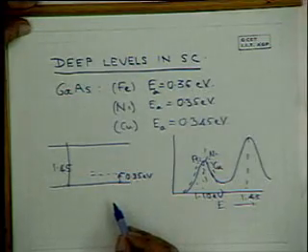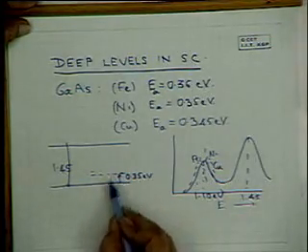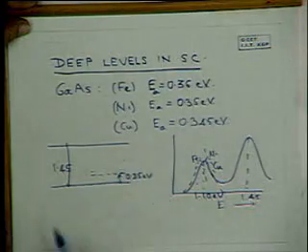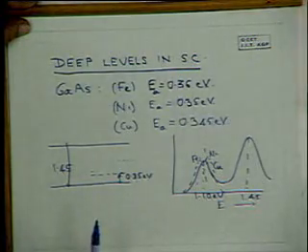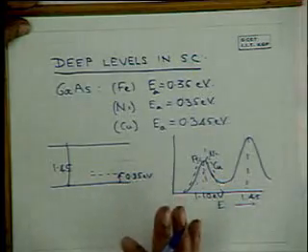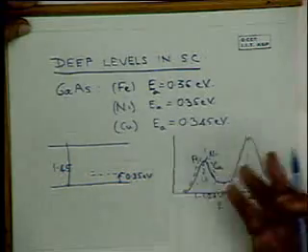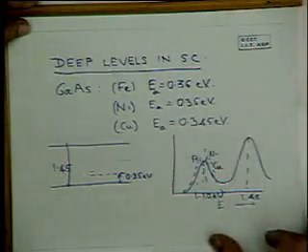And some of these deep levels, say chromium in gallium arsenide, is near the middle of the gap, and it is used to make gallium arsenide semi-insulating. But it is not desirable for making light-emitting sources, lasers or diodes.